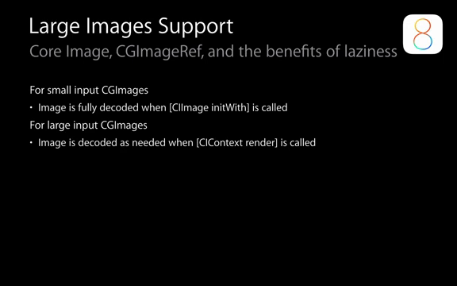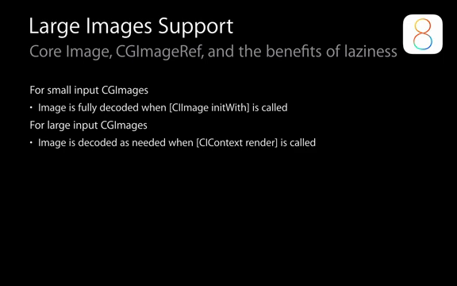That's usually the right thing to do for small images because you may be using that image multiple times and you want to take the performance impact of decoding the JPEG once, early. However, for large images, that's not a good strategy because you don't want to require all of that memory for that JPEG to be decompressed unless you know you need it.